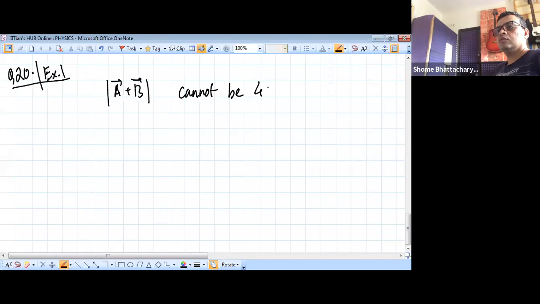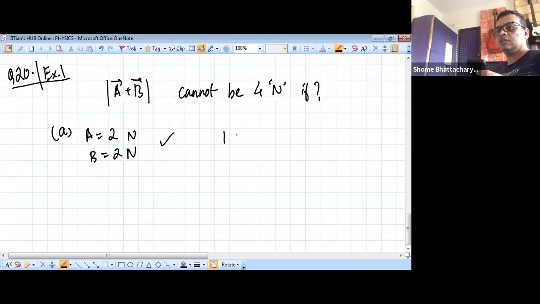4 newtons, let's say. If, okay, so the first option is saying that E's magnitude is 2 newtons and B's magnitude is also 2 newtons. You can see that no, it can be in this case, because here E plus B is less than equal to their sum, greater than equal to their difference.